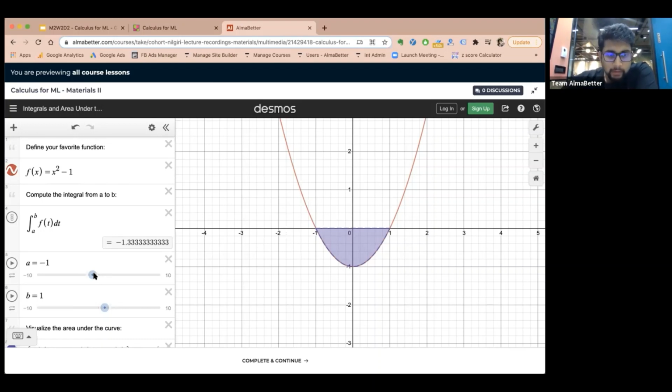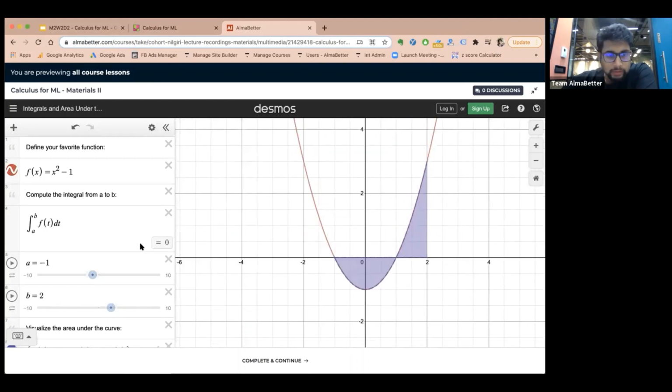And that is why, if you start increasing and start taking the area above the x-axis, let's say I integrate it from -1 to 2, now you can see that the value of the integral is 0. What does this mean? That the negative area and the positive area are kind of equal.